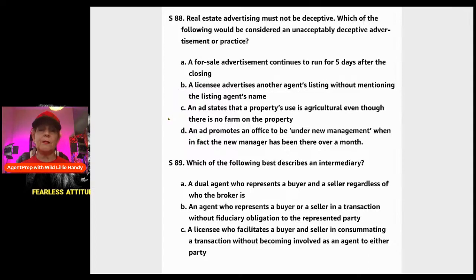C, an ad states that a property is used in agriculture even though there is no farm on the property. Or D, an ad promotes an office to be under new management when in fact the new manager has been there over a month. Type your answer in the chat.